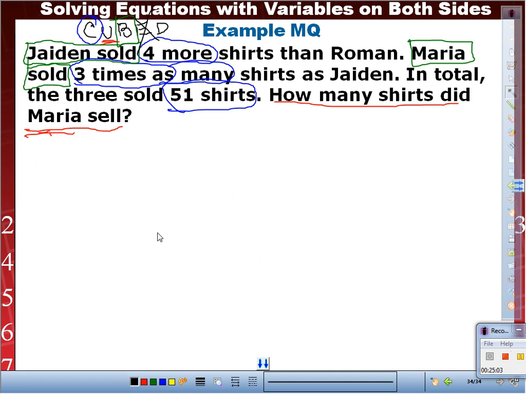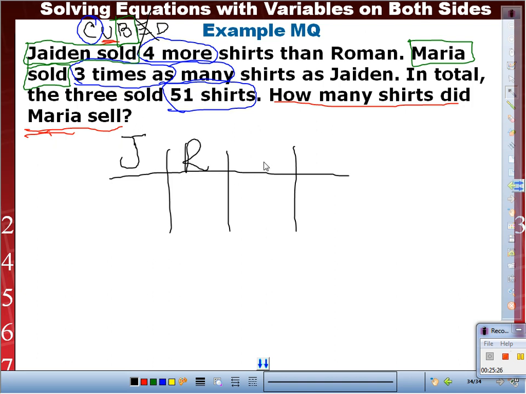How many? 3. So how many lines down? 3. 1, 2, 3. Who's the first person they mention? Jaden, so it's J. Who's the next person? Roman, which is R. The next person, Maria, and here is the total.